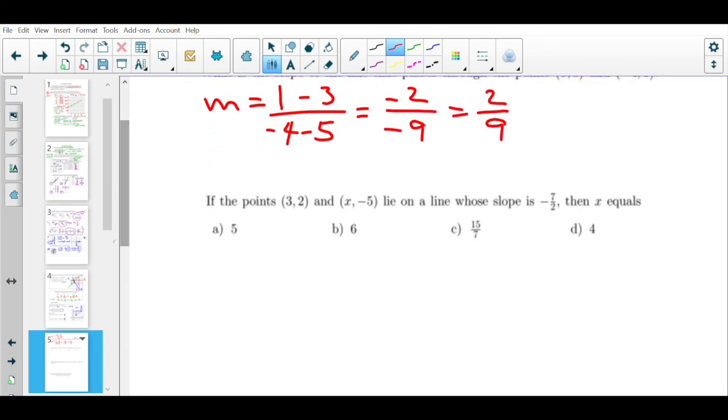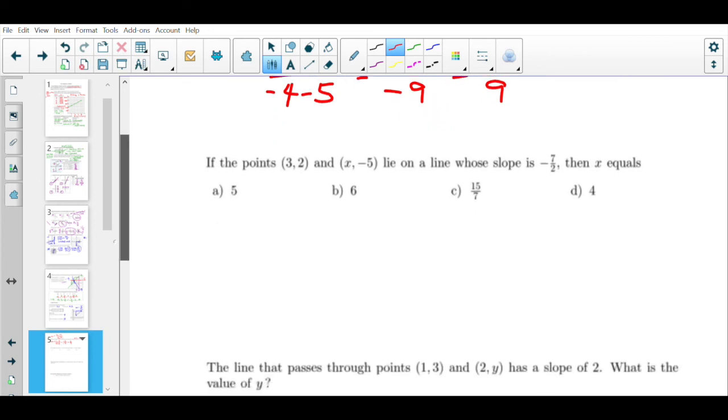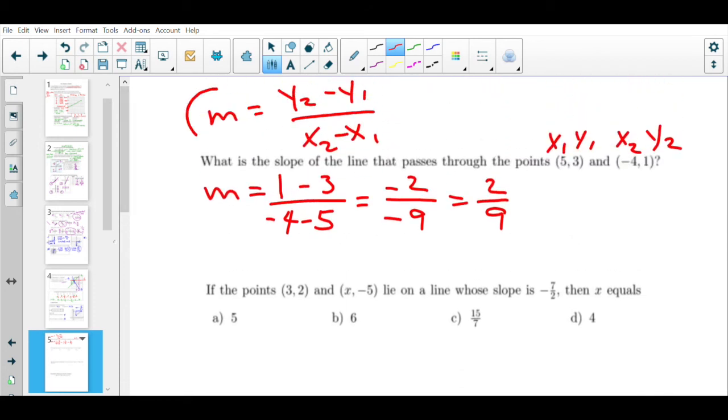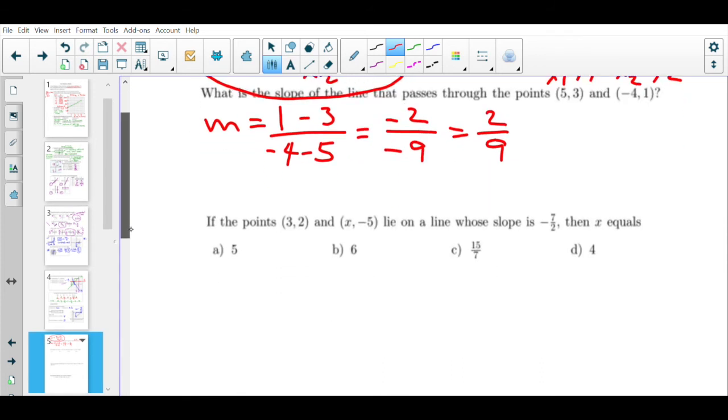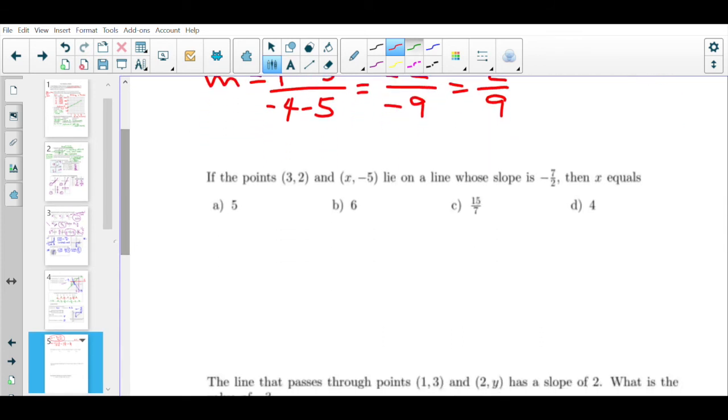If the points 3, 2, and x, -5 lie on a line whose slope is -7/2, then x equals, so we know the equation for slope is right here. So we're setting up an equation to solve this. So we said the slope is -7/2, so -7/2 equals, let's label this again, x1, y1, x2, y2.